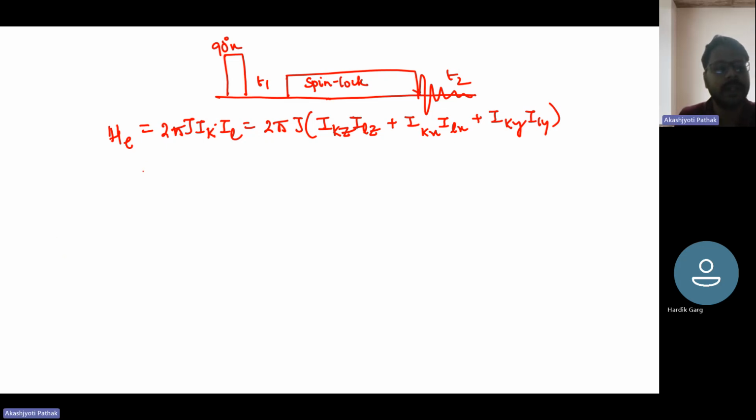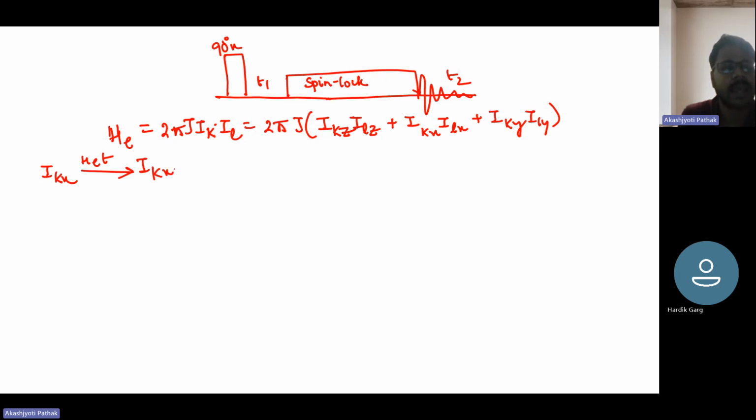Now there will be evolution of these magnetization components under the influence of only the coupling in this T period. So this IKX will also evolve in the T period, and what we have is this one. I'll just derive this part.